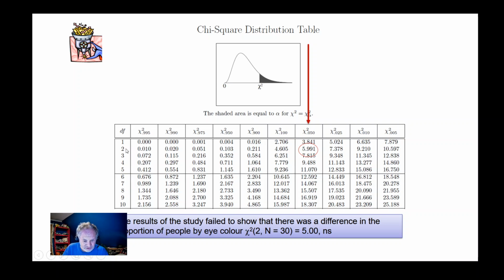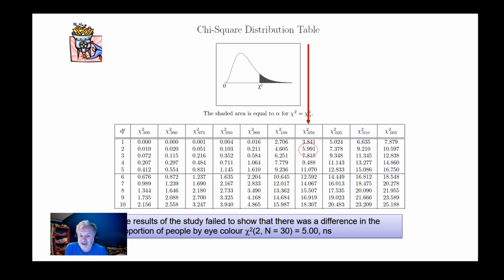I have 2 degrees of freedom. I go across, and the cutoff for the top 5% is 5.991. If my chi-square observed is greater than 5.991, the probability of it occurring if the null hypothesis were true is 0.05, right? My sample would be in the top 5%.